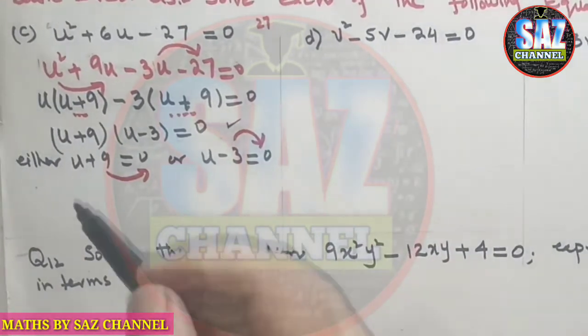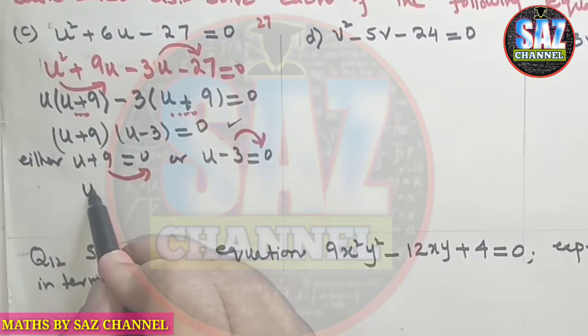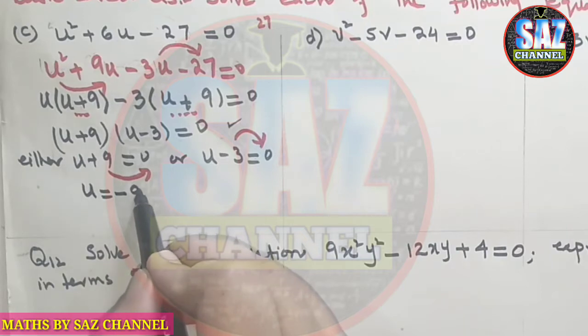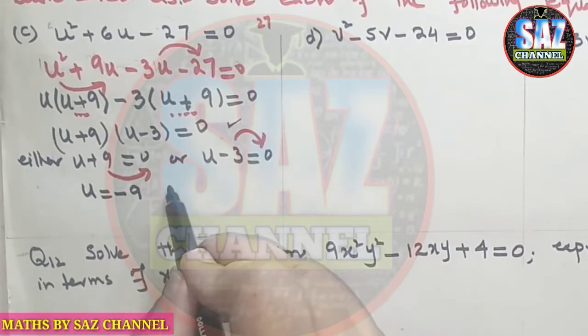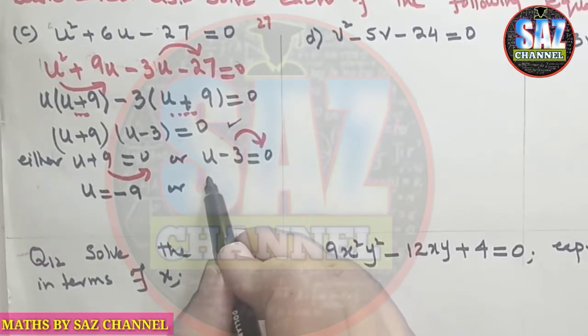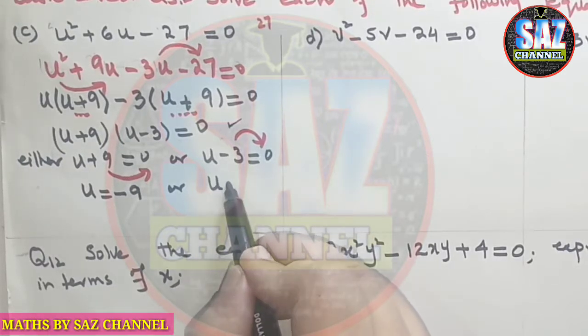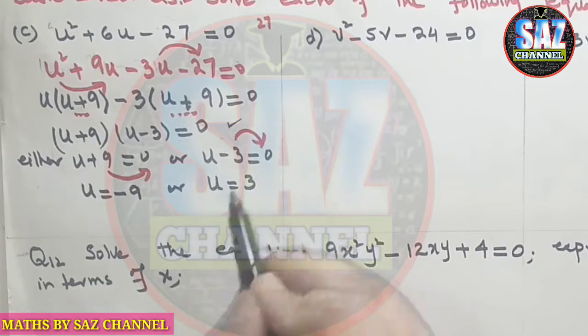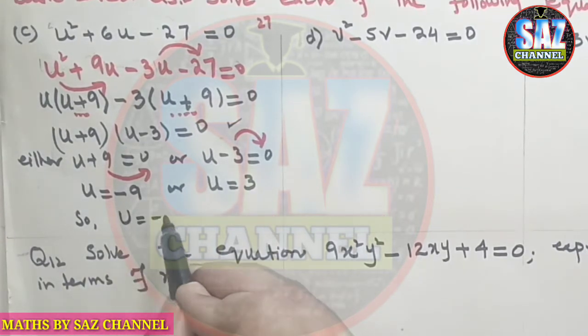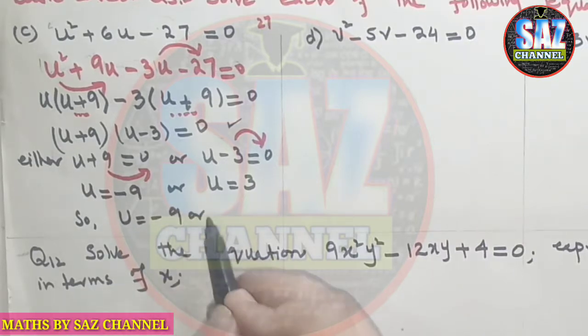From u plus 9 equals to 0, when I shift 9 to the other side, I have to change the sign and it will give me u equals to minus 9, or from the other part u minus 3 equals to 0, when I shift this 3 to the other side, this will give me u equals to positive 3. So the two solutions of this equation are u equals to minus 9 or 3.